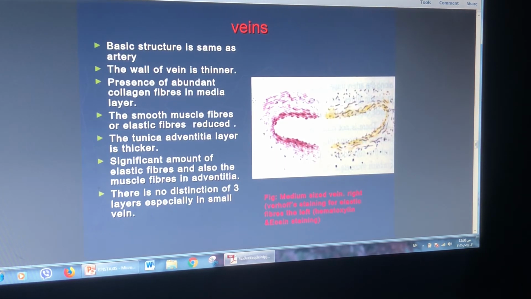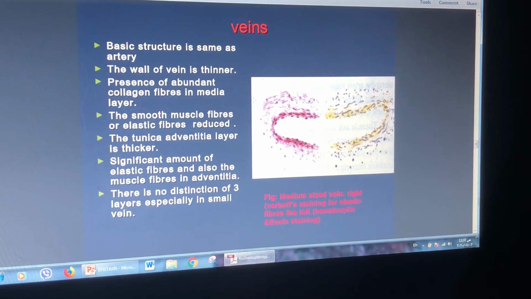The veins. The basic structure is the same as the artery. The wall of a vein is thinner. There is an abundance of collagen fibers in the medial layer. The smooth muscle fibers and elastic fibers are reduced. The tunica adventitia layer is thicker, with a significant amount of elastic fibers and also muscle fibers in the adventitia.